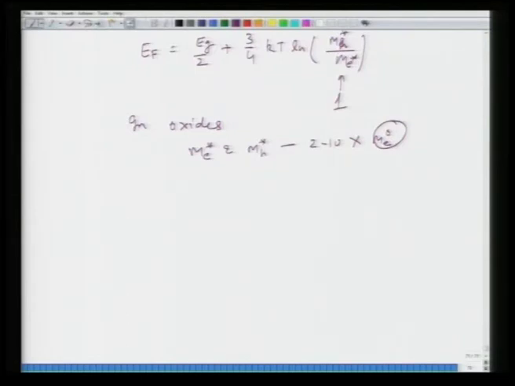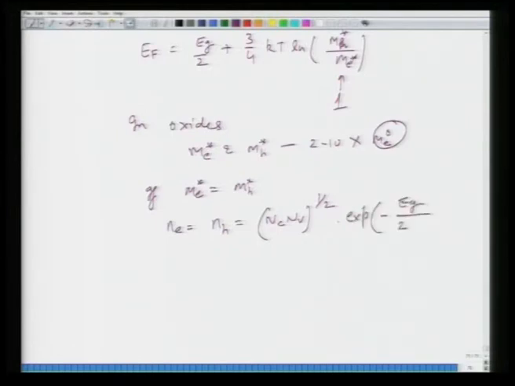Now, if Me and Mh were equal, then you can write Ne equal to Nh equal to Nc Nv to the power half into exponential minus Eg by 2 kT.